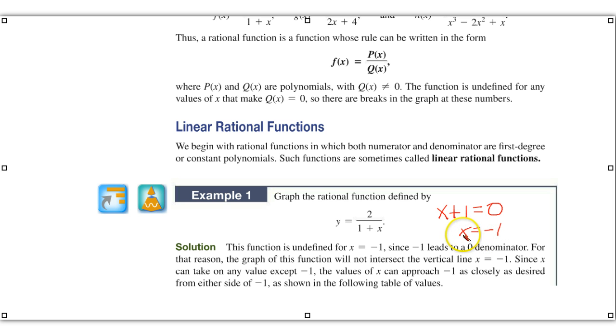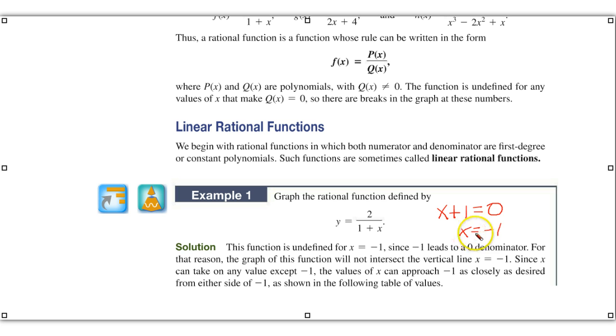So if x were a negative 1, it would make our denominator a 0, and that would make it undefined. So therefore the domain of this is that it could be all real numbers, but x could not be a negative 1. It would make our denominator 0.